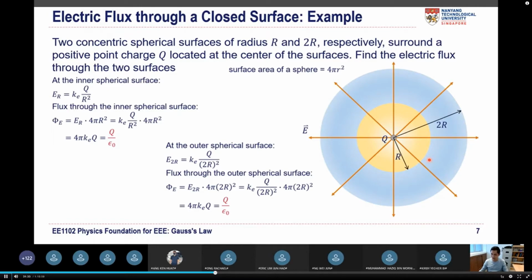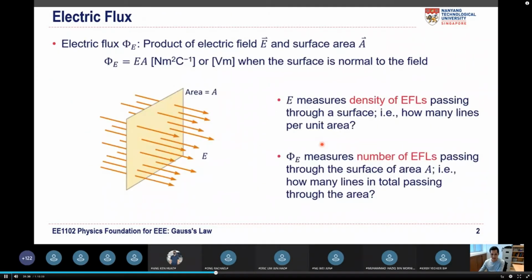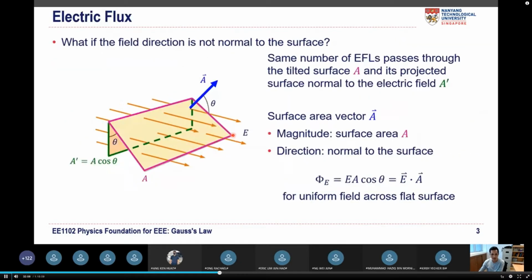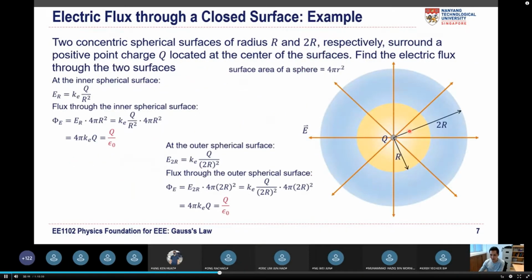Because if we remember, the electric field is a function of the size of the charge, Q, which is fixed in the middle, and it depends on the distance. If we have a sphere with a charge in the middle, the distance from anywhere on the surface to the charge is always the same. That means the electric field on the surface of this sphere is all the same.